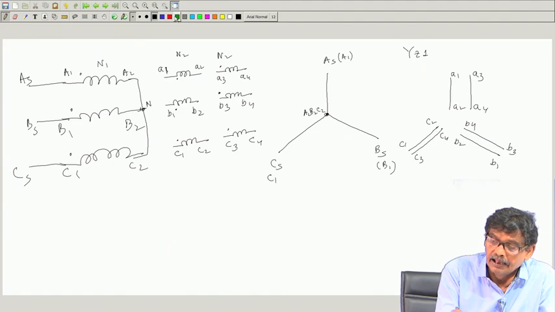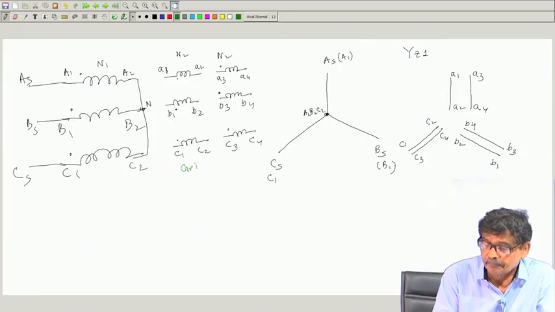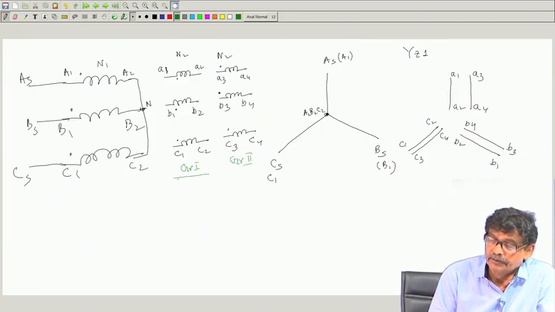Now, suppose because zigzag connection is essentially star connection, we know this is group 1 and this is group 2. Okay.